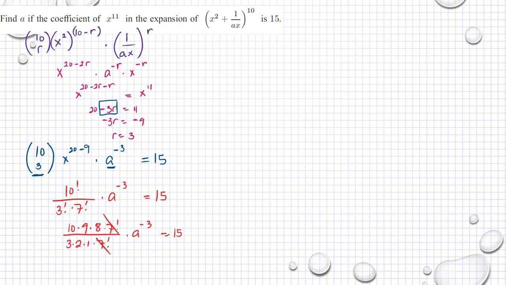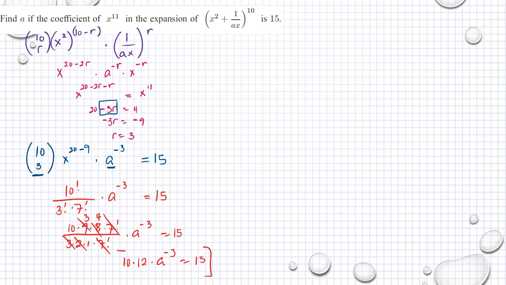So the 7 factorial will become 1, and then 9 and 3, that's 3, and 8 and 2, that's 4. Then we have 10 multiplied by 12 multiplied by a raised to negative 3 is equal to 15.